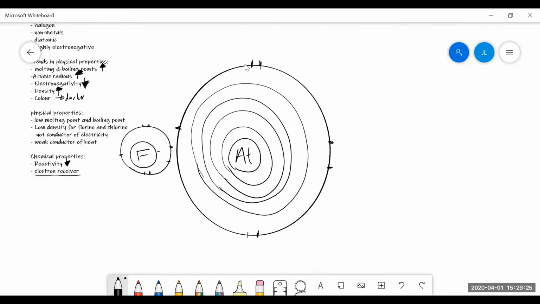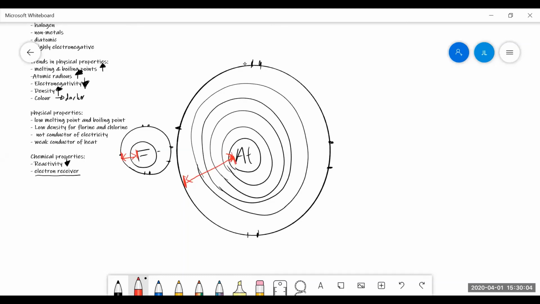Okay, it also has to do with the distance between the outermost electron and the nucleus. So in this case, which one has the shortest distance between the outermost electron and nucleus? Fluorine, right? Fluorine has a shorter distance.